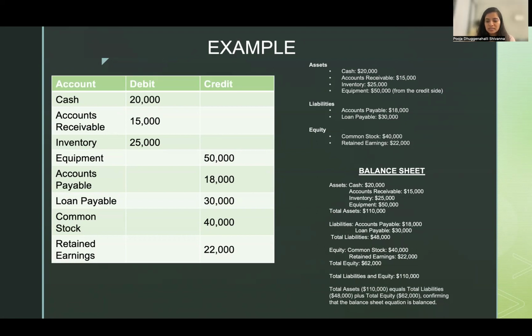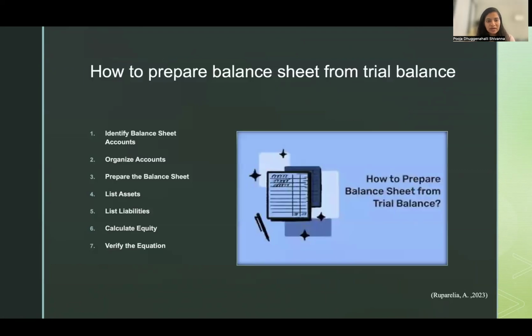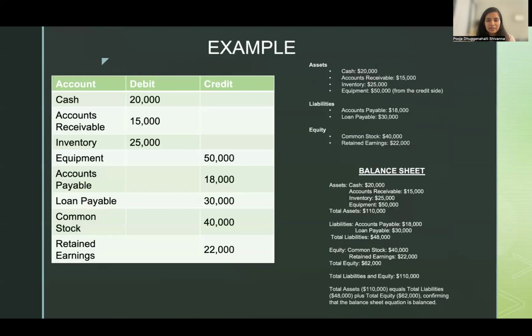Going through the steps, we have identified the balance sheet accounts, and we have organized the accounts. Then we have prepared the balance sheet. Now let's list the assets and the liabilities. The assets are cash, which is 20,000, accounts receivable, 15,000, inventory, 25,000, and equipment, 50,000.